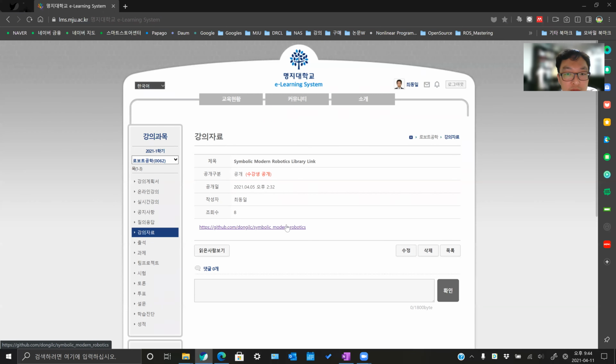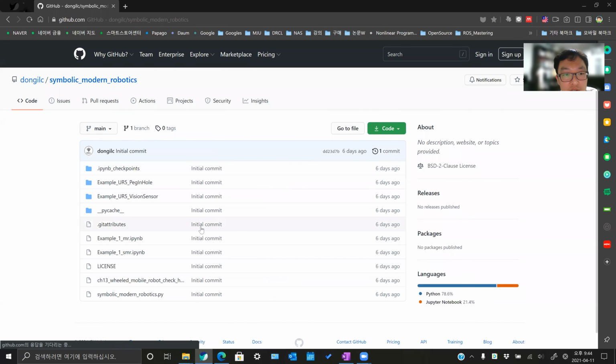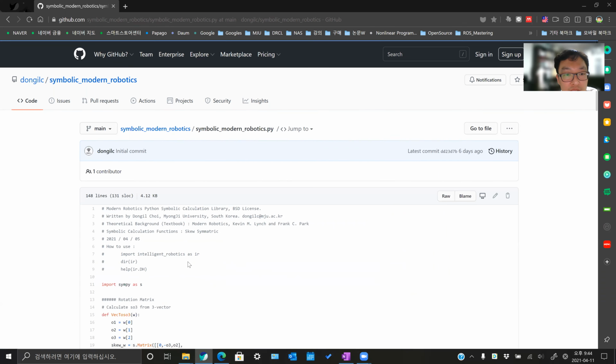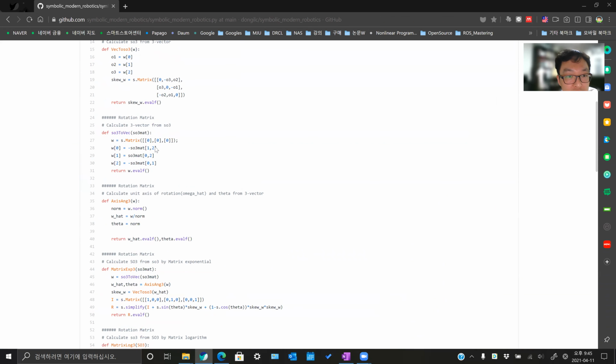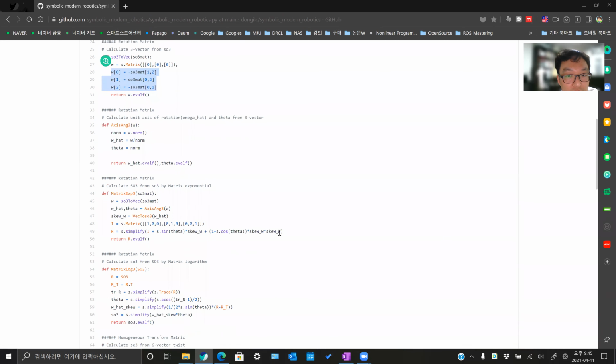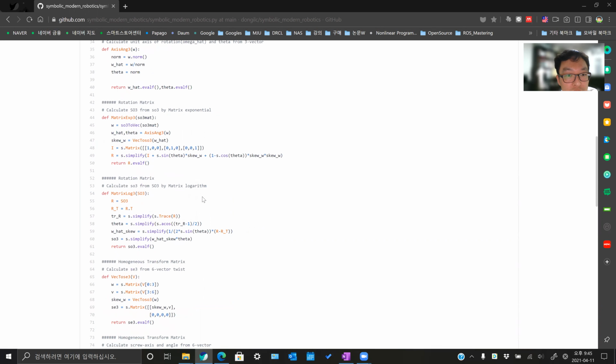It might be helpful to understand how to calculate the modern robotics technique, and this symbolic library may be more helpful for that. Here there is the whole calculation process, and the result is also symbolic, so it might be more helpful to understand the process of calculation.